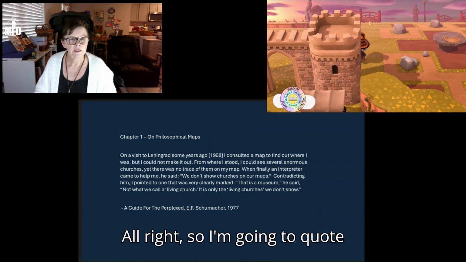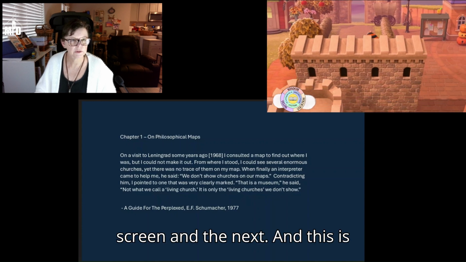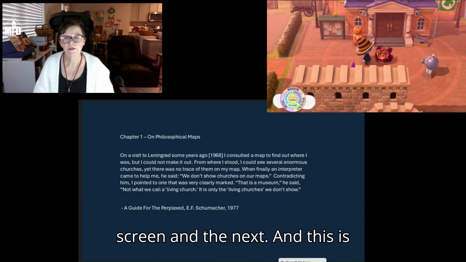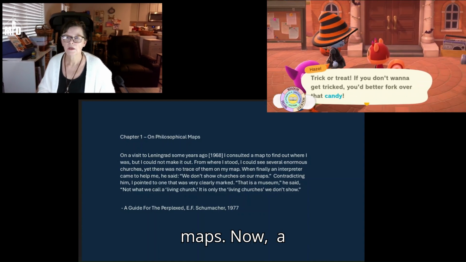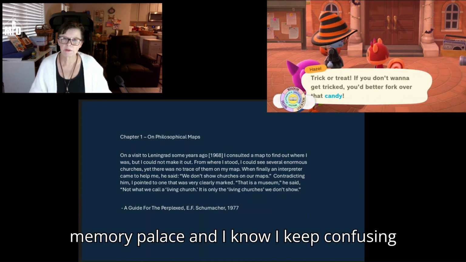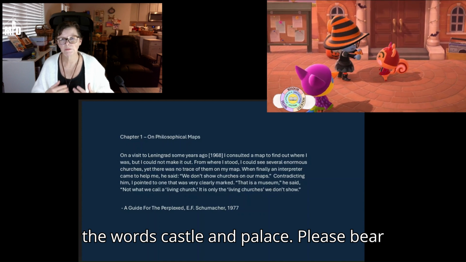All right, so I'm going to have a quote here. It's a two-part quote on this screen and the next. This is about mental maps. Now, a memory palace, and I know I keep confusing the words castle and palace. Please bear with me with that.